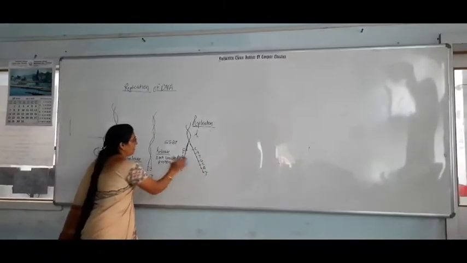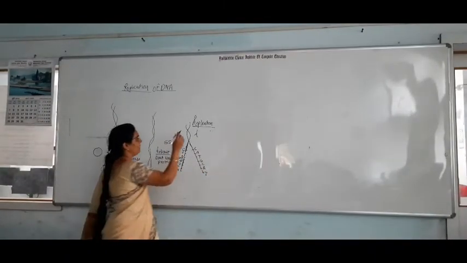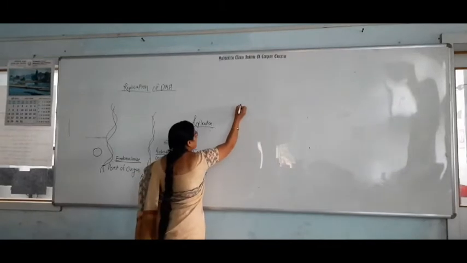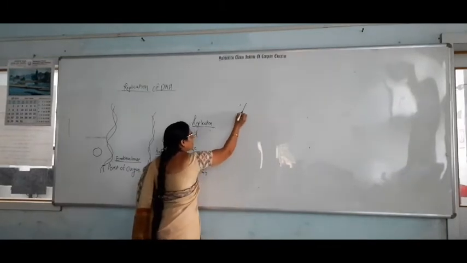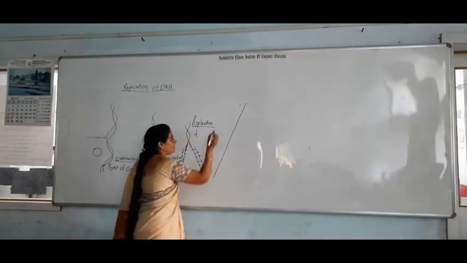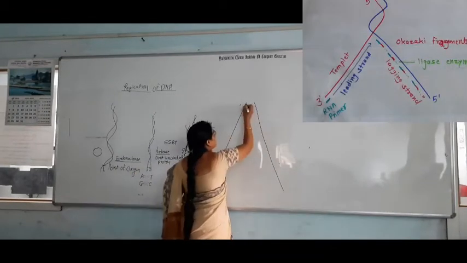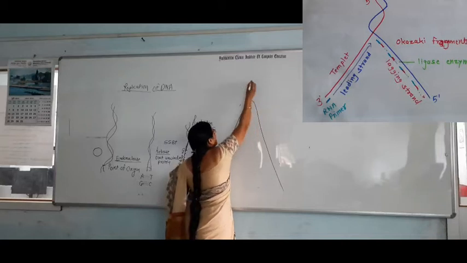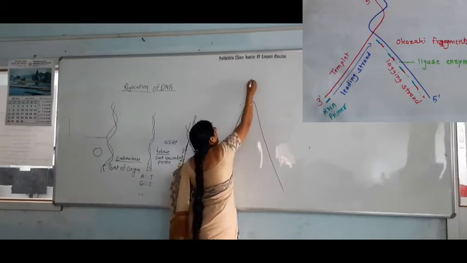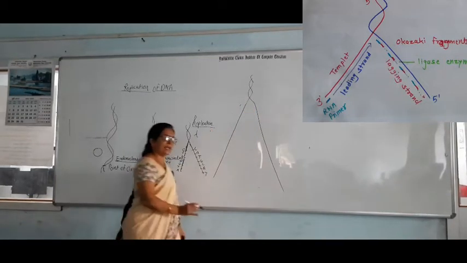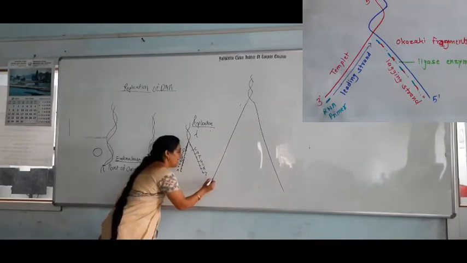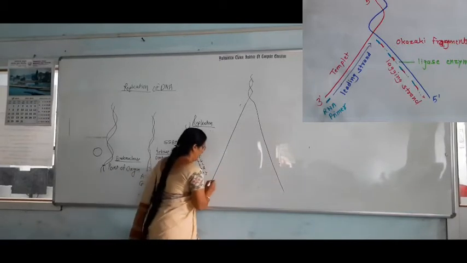So this is the replication fork, and on that replication fork, look here. It is an inverted Y-like structure. That's why it is called the replication fork. It has an orientation.